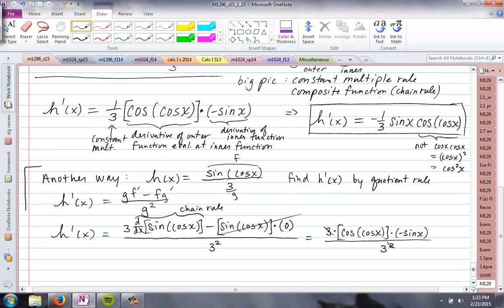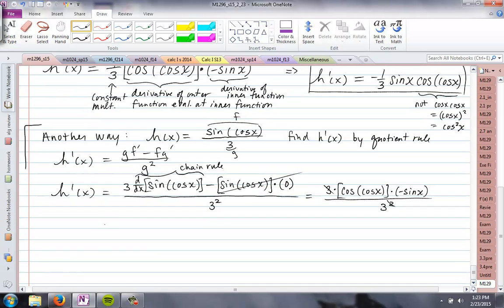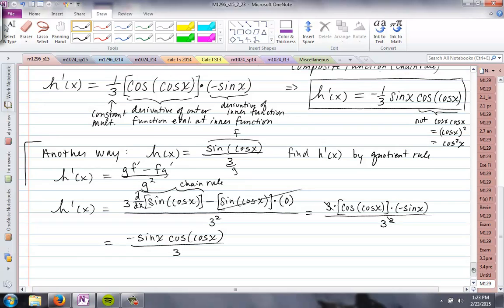So overall, we'll have a pair of 3's that cancel. And what do we have behind? Well, we have negative sine x out front times cosine of cosine x all over 3. Now note that this is equivalent to multiplying by negative 1/3, and then we have the rest of our result the same as by the other method.